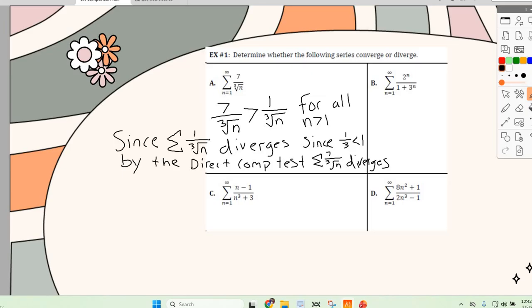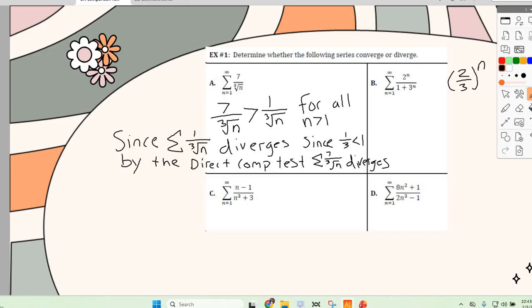Okay. Do we agree that if I were just to drop my 1 there, and I just had 2 to the n divided by 3 to the n, I can also write that as 2/3 to the n? Yes, no, maybe? Are we all okay with that? And that 2/3 to the n is a geometric series. Is that a convergent or a divergent geometric series?